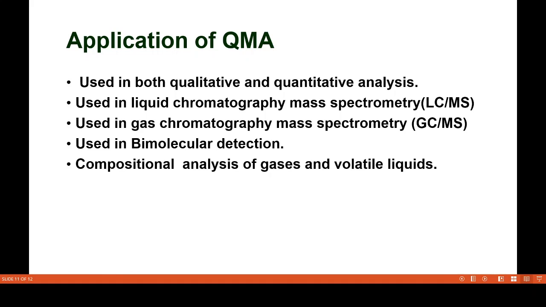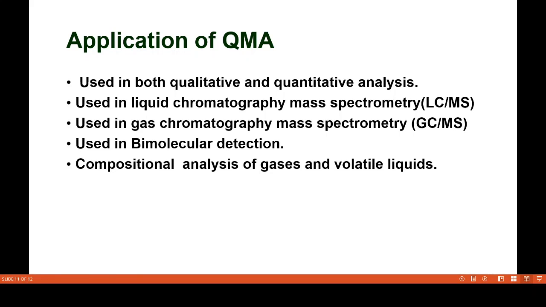The next application is compositional analysis of gases and volatile liquids. Compositional analysis of gases means, suppose we consider the example of LPG. The composition of LPG is hydrocarbons, propane, isobutane.